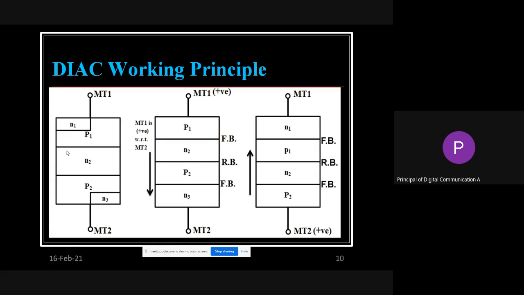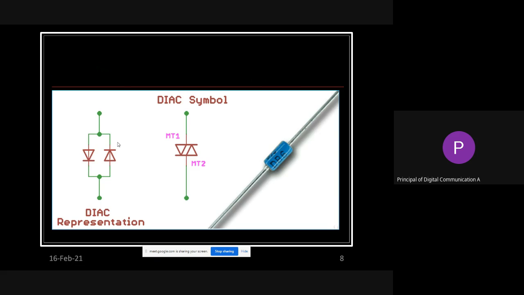Two terminals are there, and it is the combination of two diodes connected back to back, that is, P and N layers of both the diodes. But MT1 and MT2 are connected to both the layers. Both the layers means here you can see the positive of one diode and the negative of one diode.